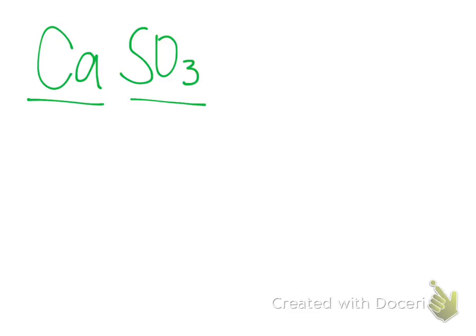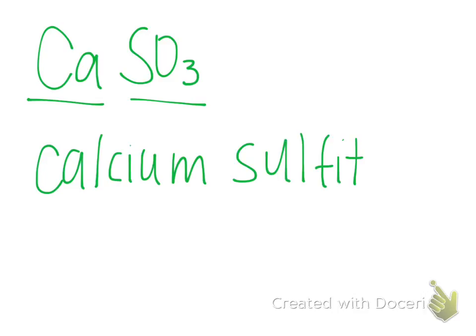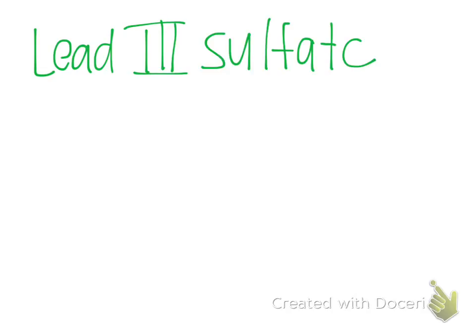Okay, Kiana, what do you think? Calcium sulfite. Perfect. Calcium sulfite. Now, lead 3 sulfate. So now we're putting everything we've learned so far into one. We're combining the Roman numerals aspect and the polyatomic ions aspect. Lead is Pb.